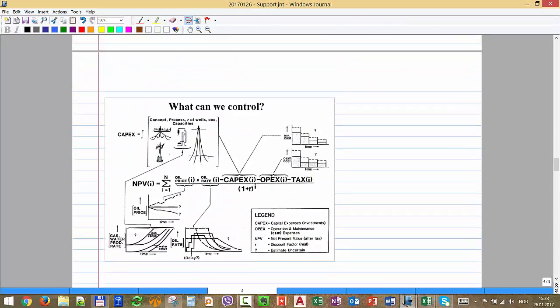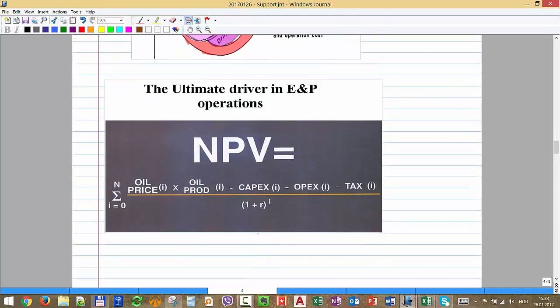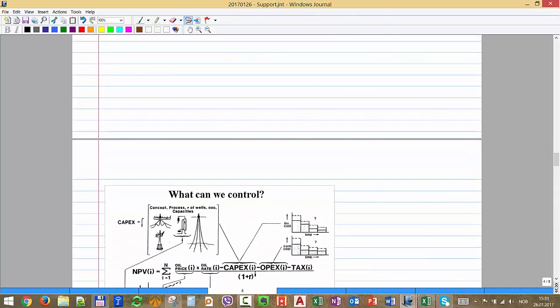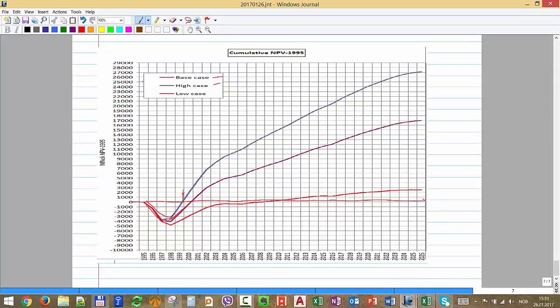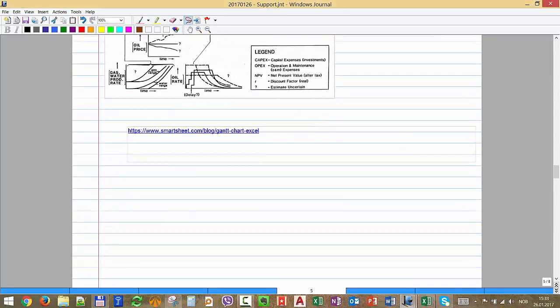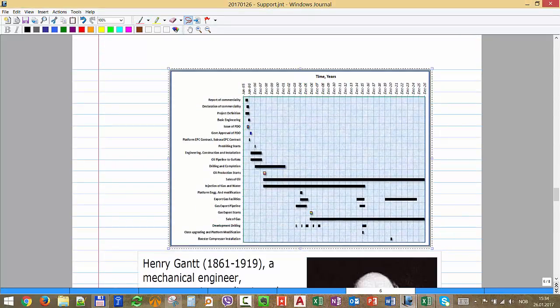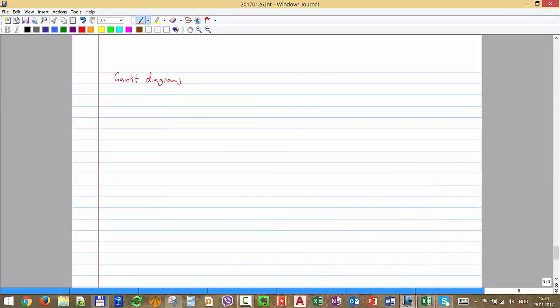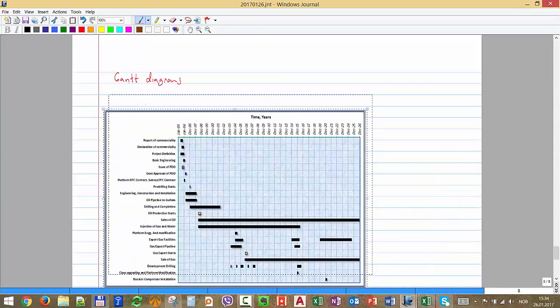Okay, let's go to a topic that we are going to use in the exercise, that is Gantt charts, Gantt diagrams. I'm just going to put a chart where you can show where the main tasks are taking place in time.